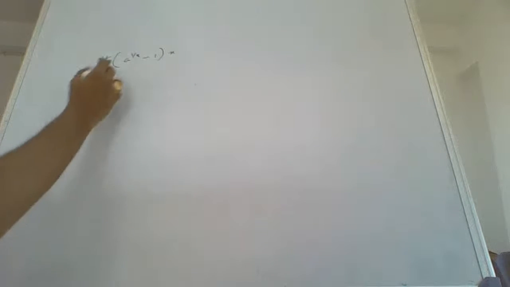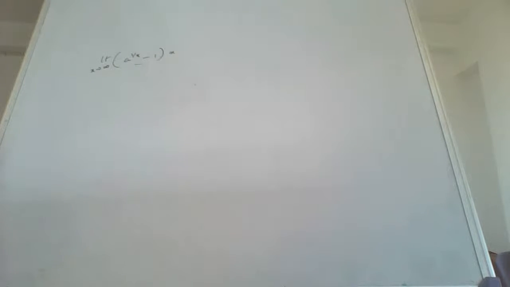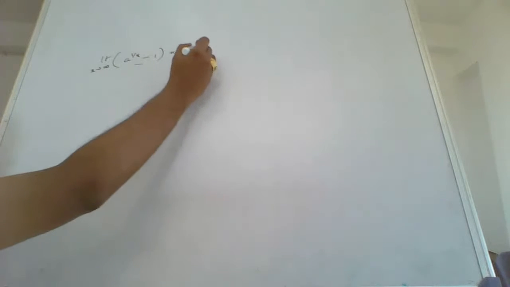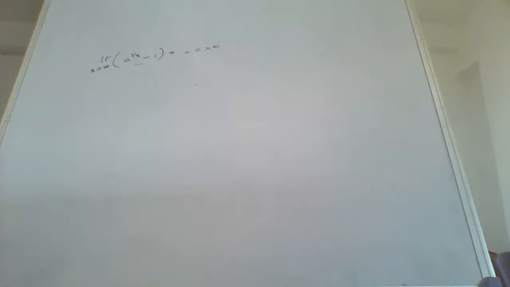Now if you see here, 1 by infinity is 0, so this part is 0, and this is infinity, so 0 into infinity. Again, this is of indeterminate form.